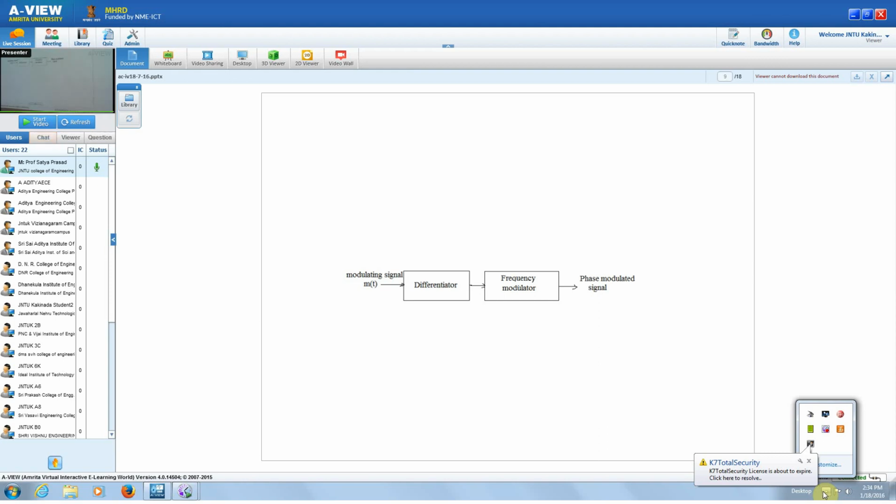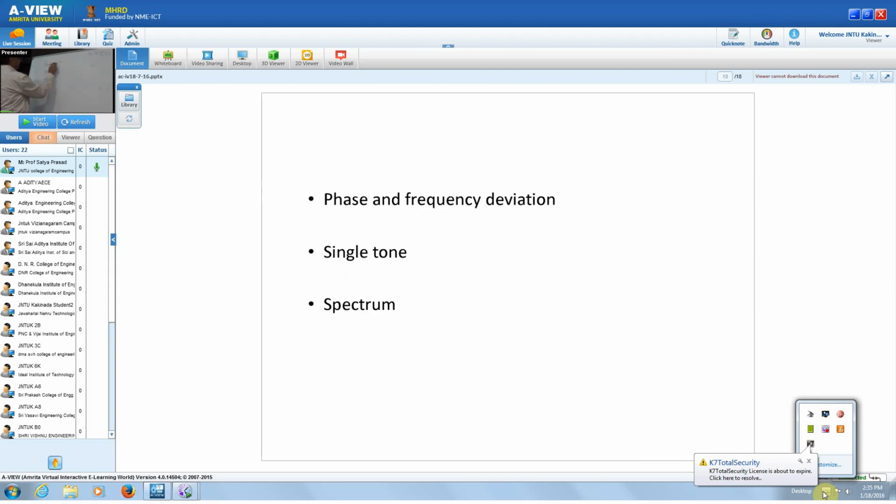In this frequency modulation and phase modulation, we will be having the words phase deviation and frequency deviation.